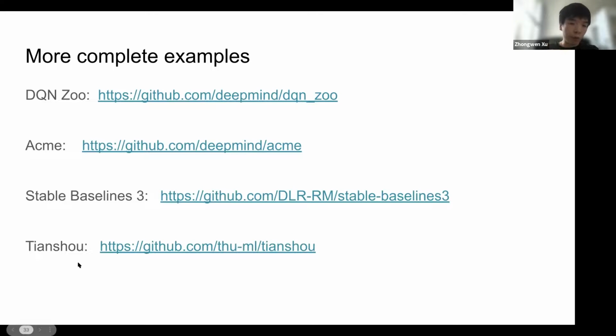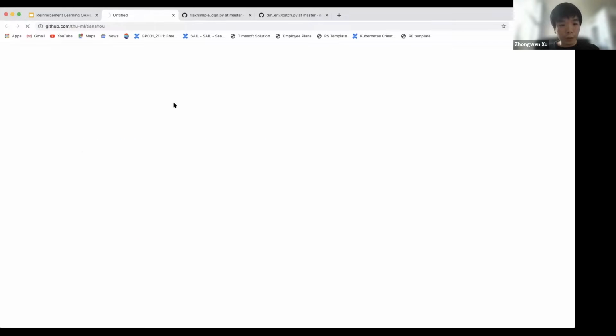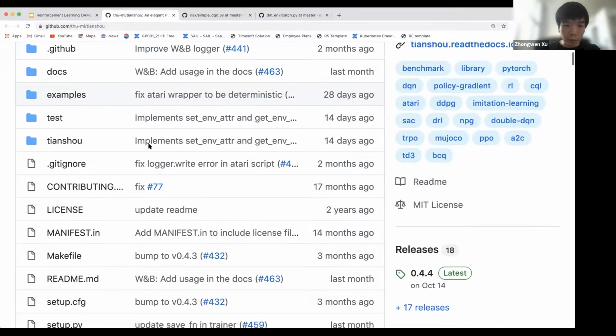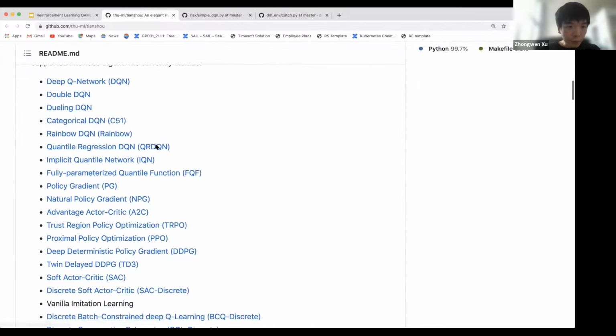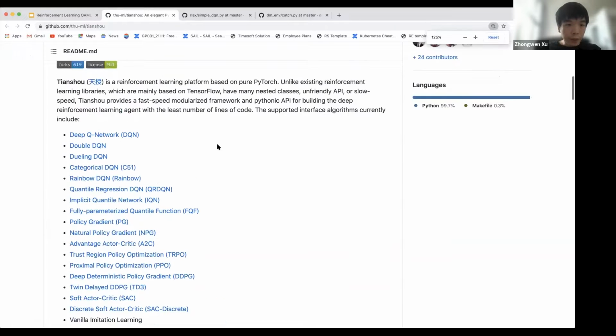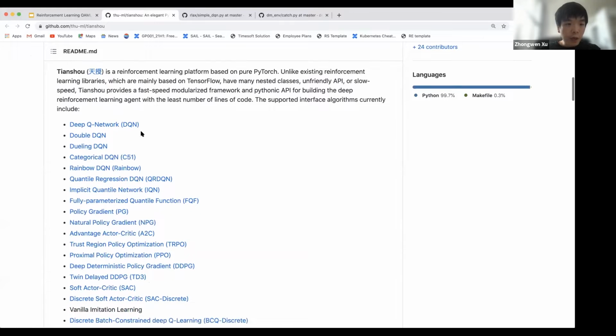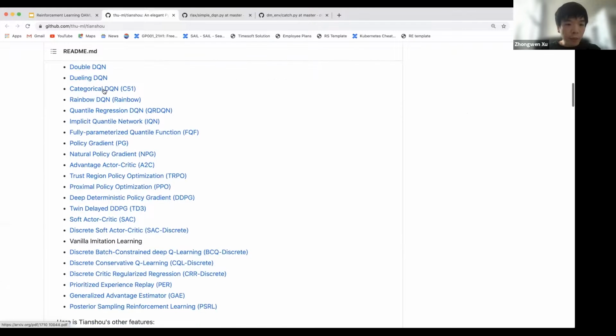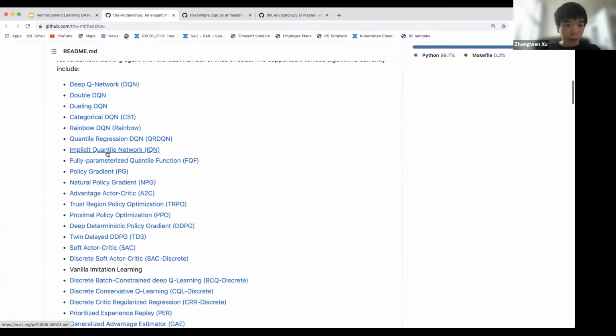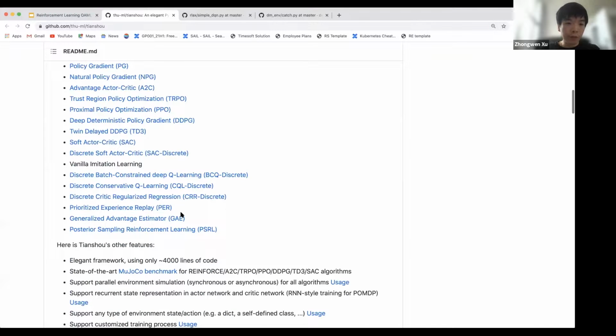Another repo that is also very popular in PyTorch is called Tianshou. The author is actually an intern in the CI Lab. So this repo is great. I can briefly show it. It's a very clean code base, implementing many state-of-the-art reinforcement learning algorithms.